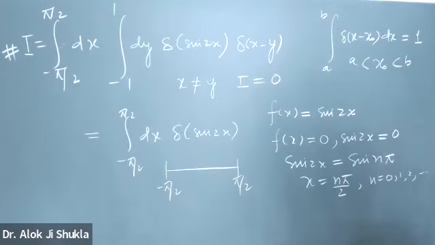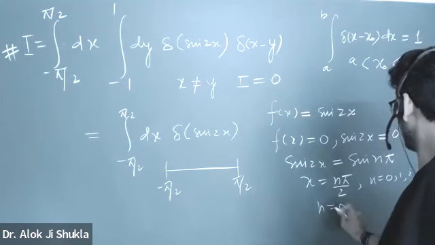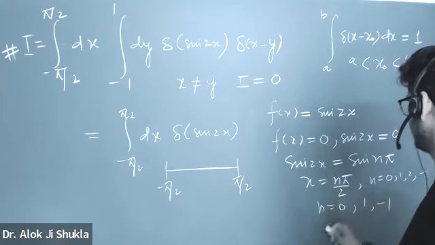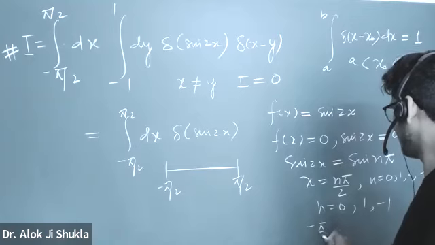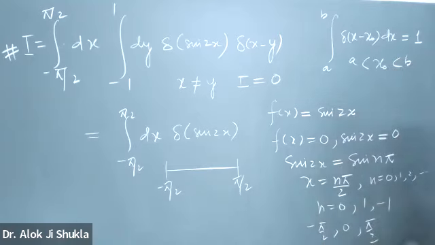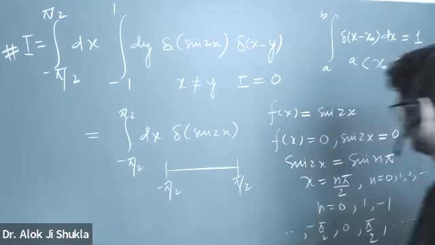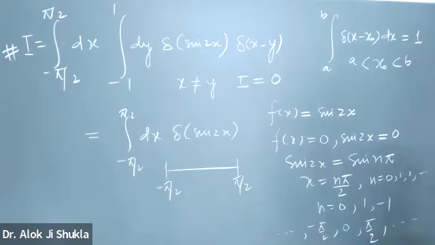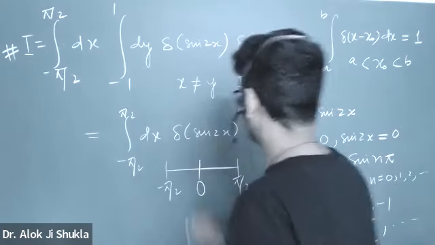Your value at n equal to 0, 1 and -1 will become minus pi by 2, 0 and plus pi by 2. Correct? These are the values, and there will be values on both sides. But the only value lying between this, which is suitable, is 0.